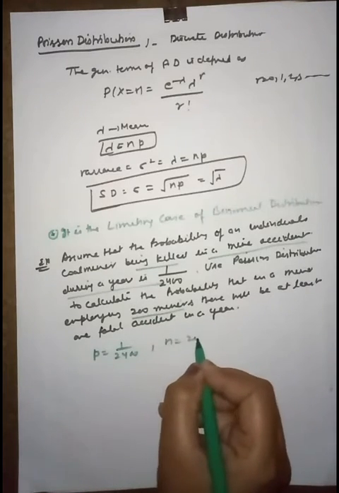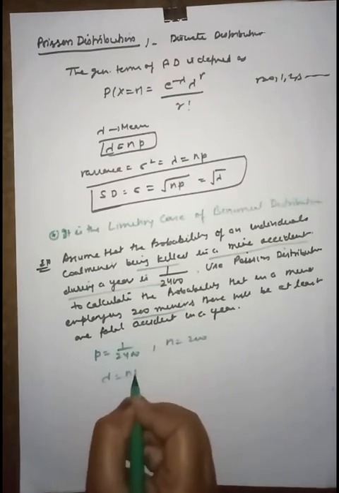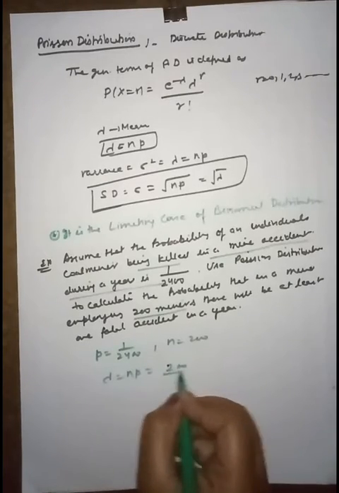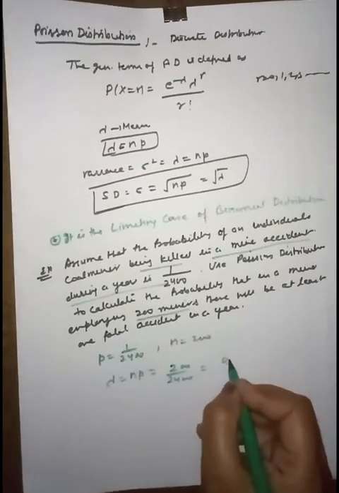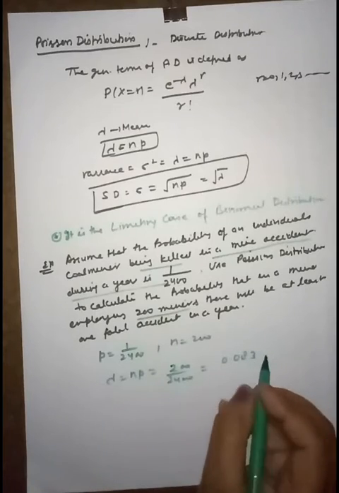So lambda equals np, that is 200 upon 2400. If we solve this, we get 0.083.